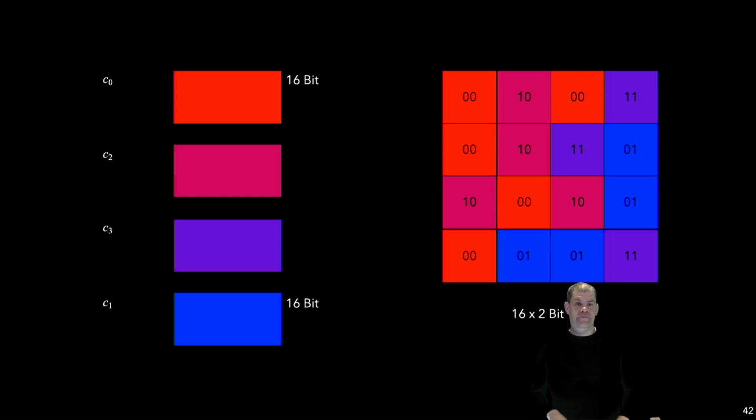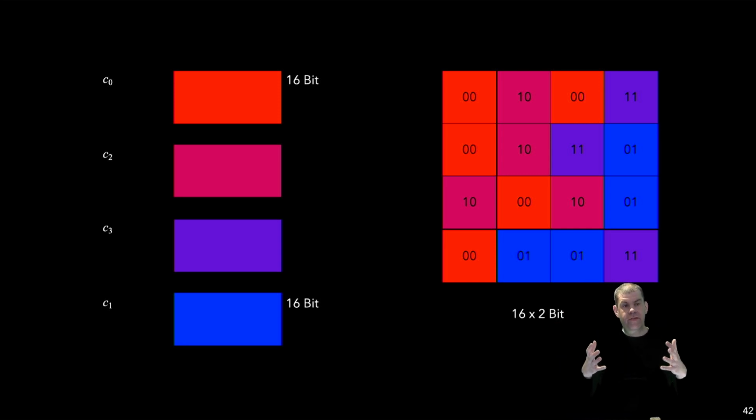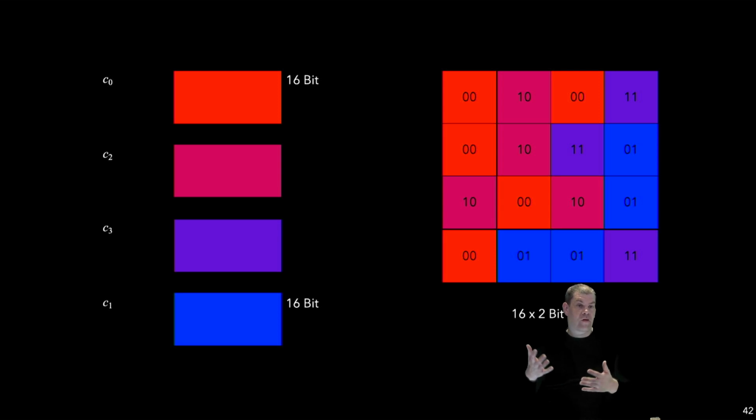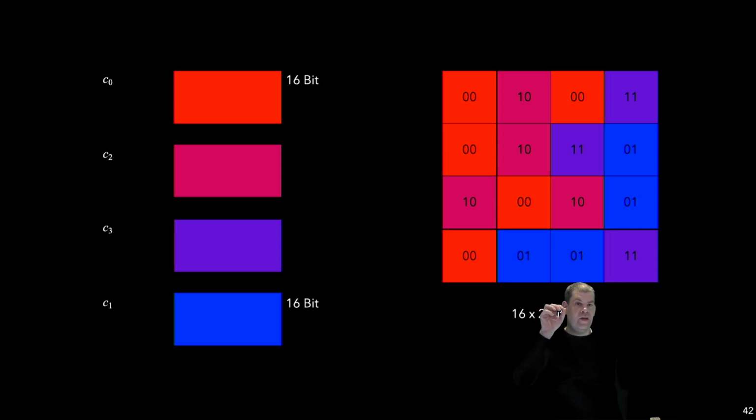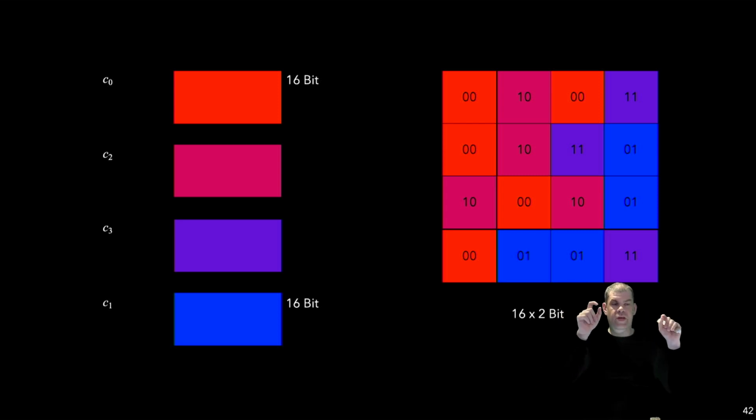It would work fine. It would probably not make very good use of the resources, but it's okay as long as you're happy with the result. So the encoding is up to you. The decoding is done by the graphics card. You just upload these 64 bits of data, which represent a 4x4 block, and then in the shader you can just write a texture access and it'll do the decoding for you transparently.